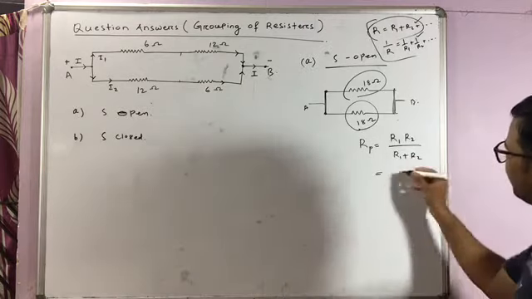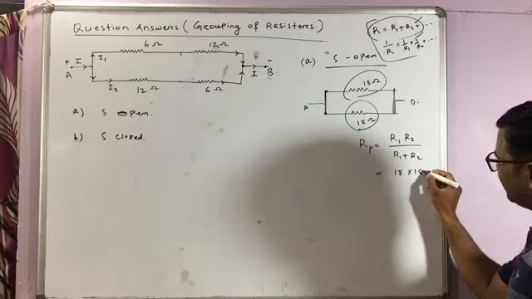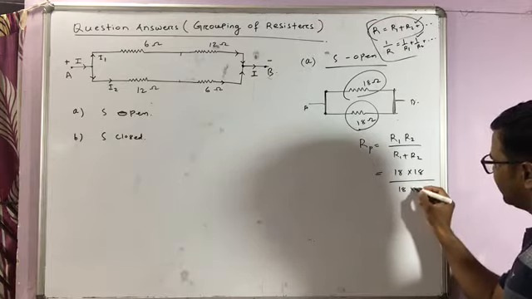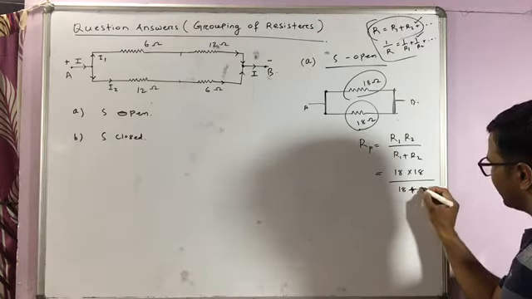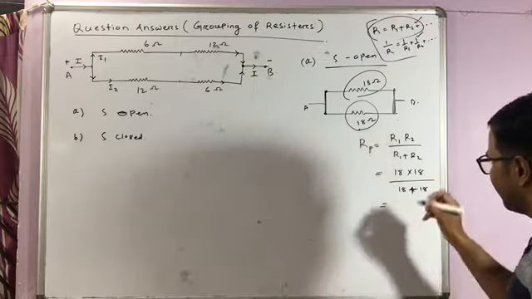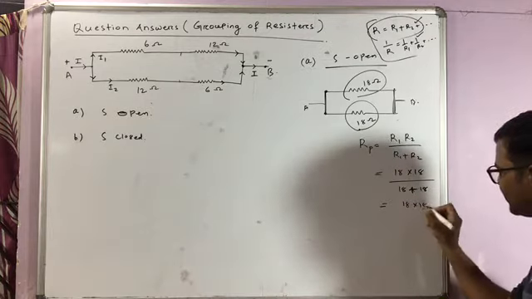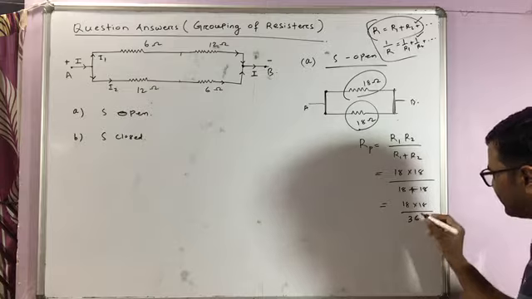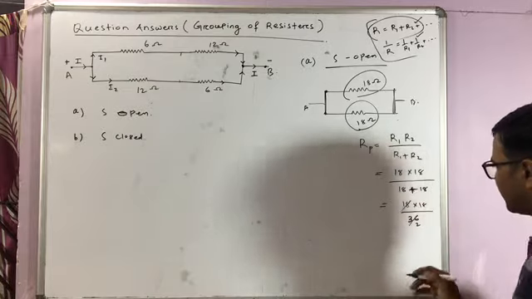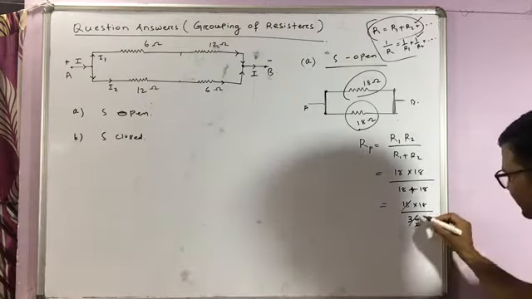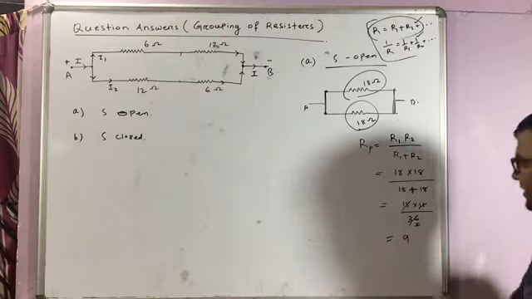So which means 18 into 18 by 18 plus 18. So it means 18 into 18 by 36. So by 2, yes. So which means this is 9.